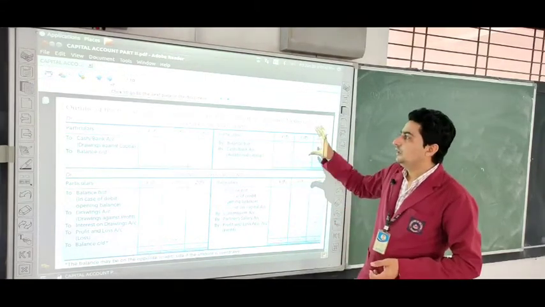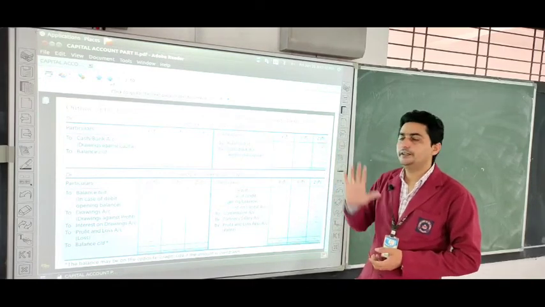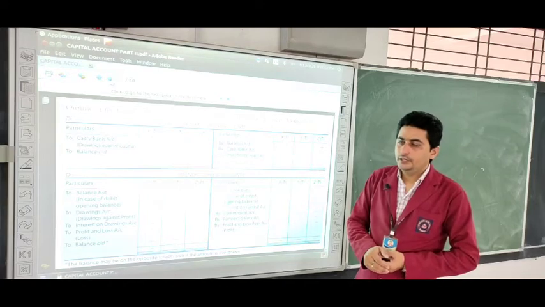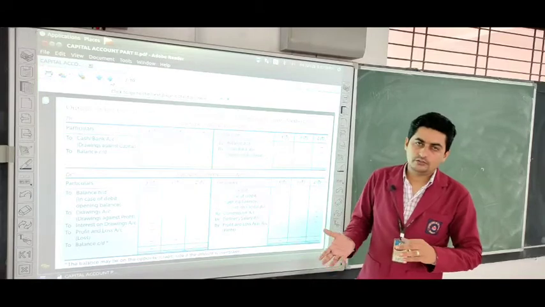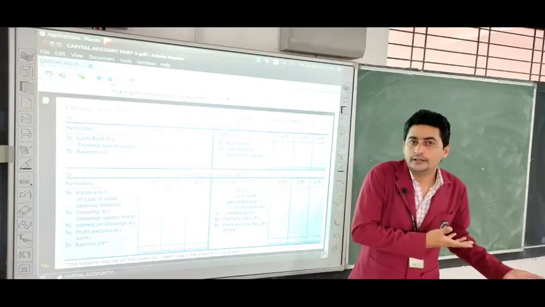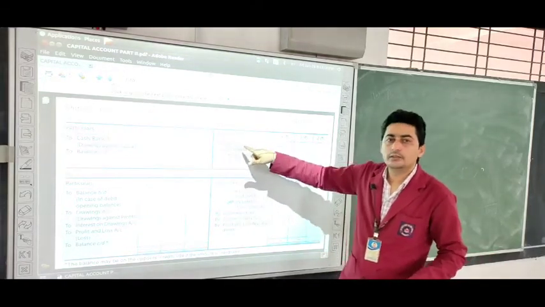Now students, the capital account balance will always be credited. It will come only on the credit side. It will never be debited. But if I talk about the current account, it may change. Sometimes it will show a debit balance, sometimes it may show a credit balance. You can see here, by balance b/d, we had started our question.